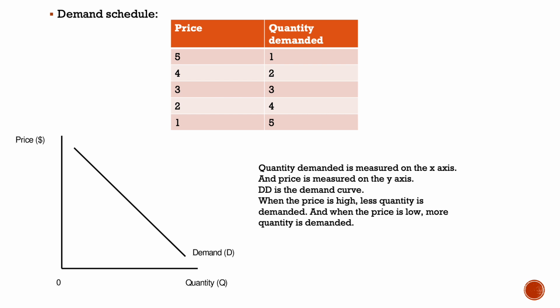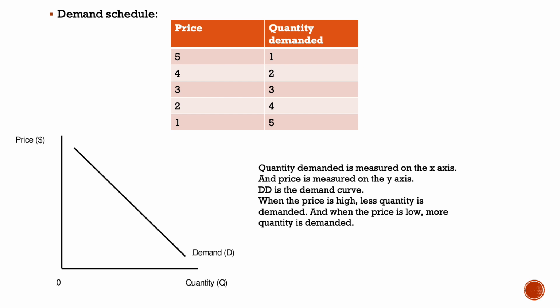Highest price is rupees 5, and from 5 it becomes rupees 4, then rupees 3, then rupees 2 and then rupees 1. Let us see the quantity demanded for these prices. When the price is very high, that is rupees 5, quantity demanded is the lowest.